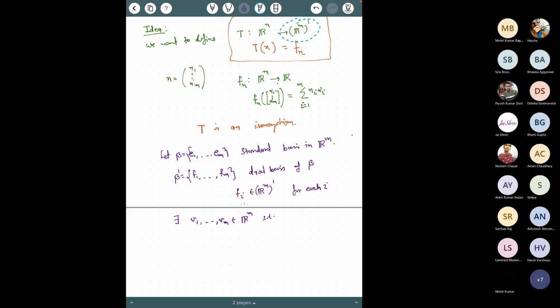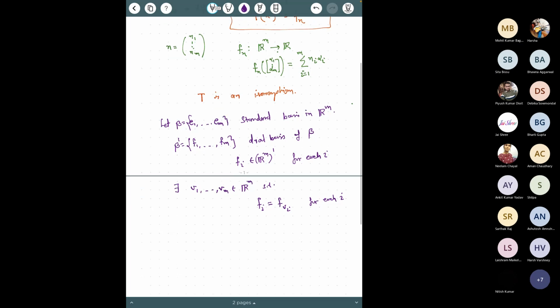So there exist V1 to Vn such that Fi is equal to F of Vi for each i equal to 1 to n. Is this okay? Yes, sir, because of this isomorphism.